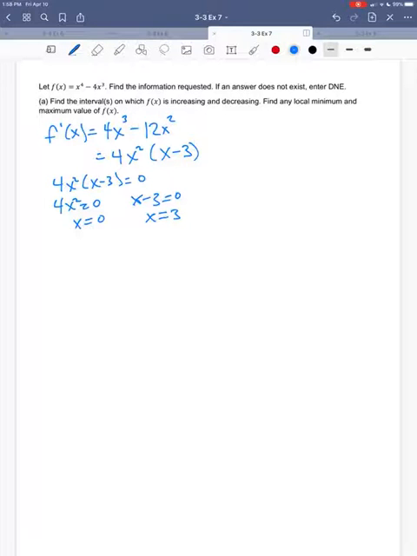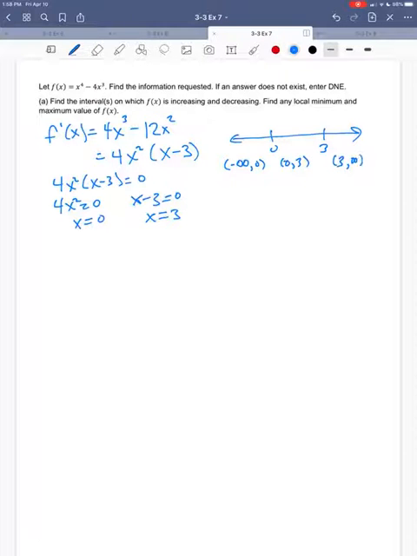And so what I've got on a number line, we would get these values where the derivative is equal to 0. So if it's going to be positive or negative, it's going to have to be on either side of these numbers. So I'm going to get intervals from negative infinity to 0, from 0 to 3, and from 3 to infinity.